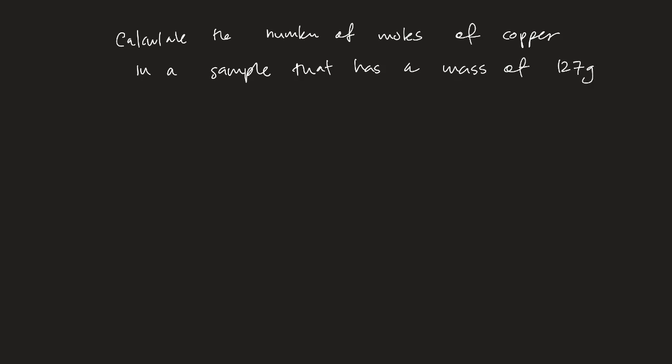So what they want here is the number of moles. What they've given you here is copper, for which you don't know the molar mass. And you've got the little mass, they've given that to you at 127 grams.